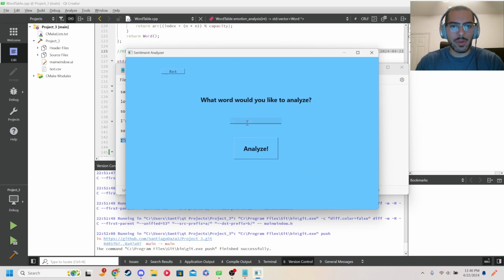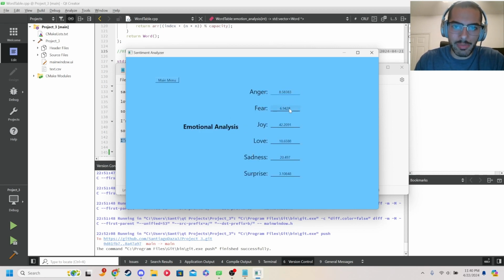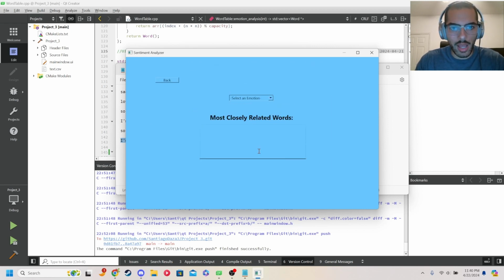So following that, we're able to actually analyze individual words. So for example, if I try to analyze a word like love, it'll bring back the percentages that it's associated with the different emotions. So it's associated with sadness, joy, and obviously love to different degrees based on the data set that we analyzed. And we're able to actually analyze the individual emotions to select up to the 10 words that are most closely related to them.